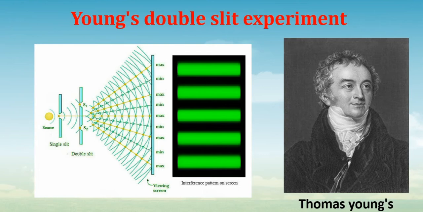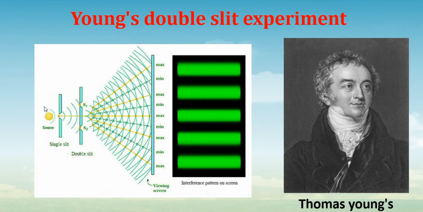He took the light from the sun and made it pass through a screen with a hole. You can see on the screen there is a source. Let's imagine this is the sun. From the sun we get light.